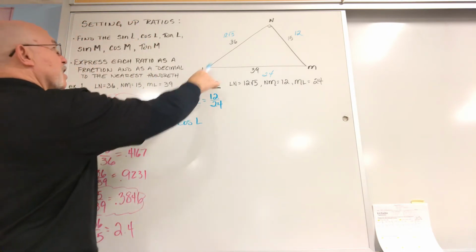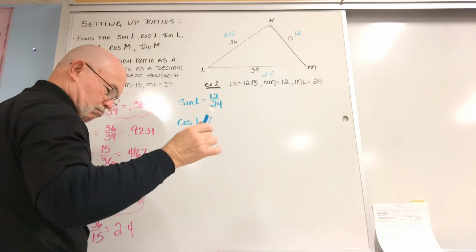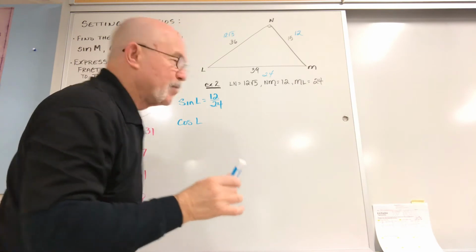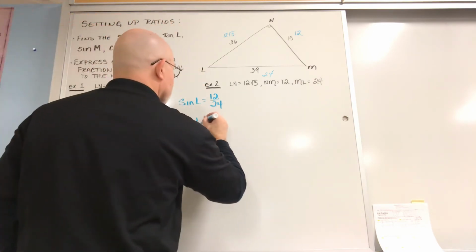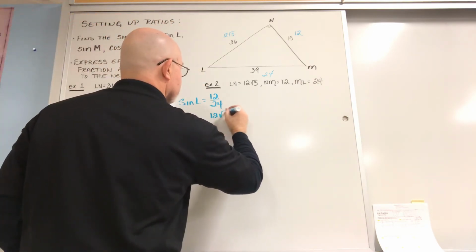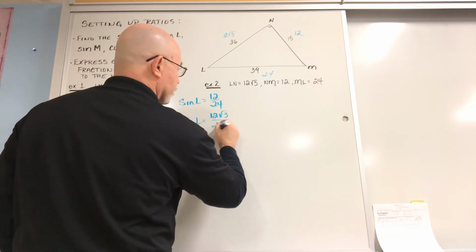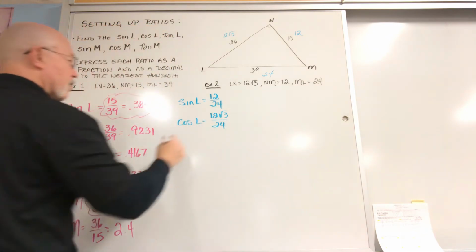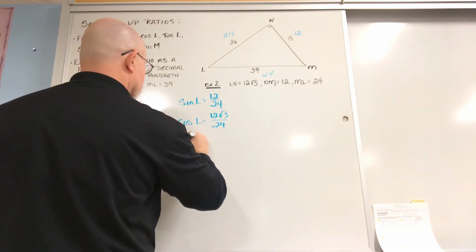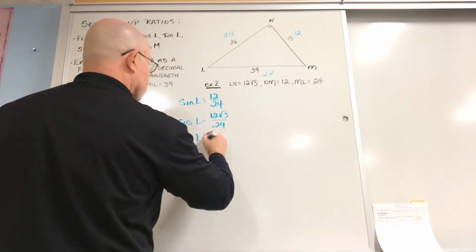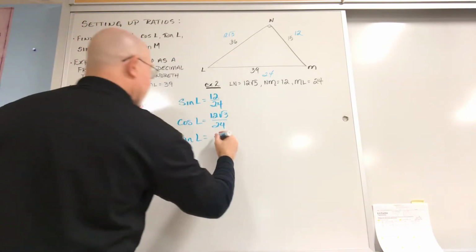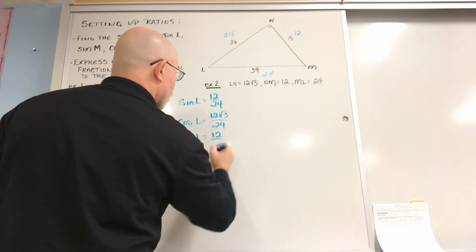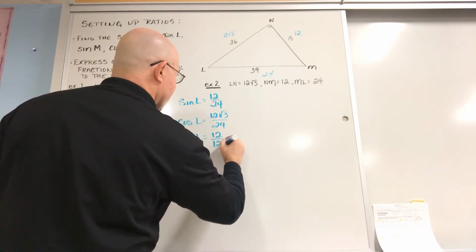The cosine of L is... cute, huh? Is the adjacent leg over the hypotenuse. The tangent of L is the opposite leg over the adjacent leg.